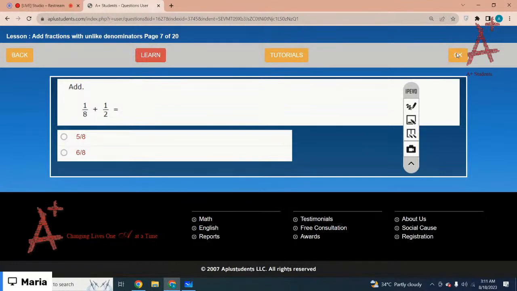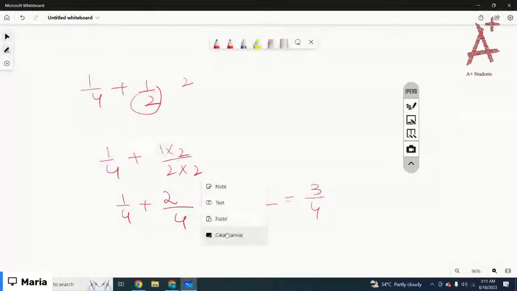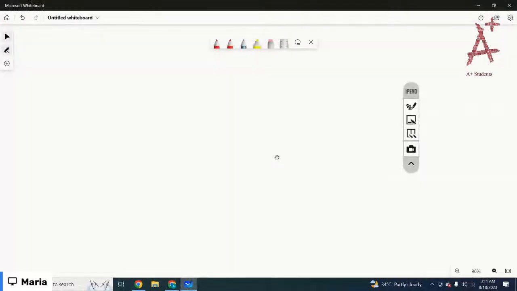1 over 8 plus 1 over 2. Okay, so you have to make that 2 equal 8, right? 2 times 4 makes 8.